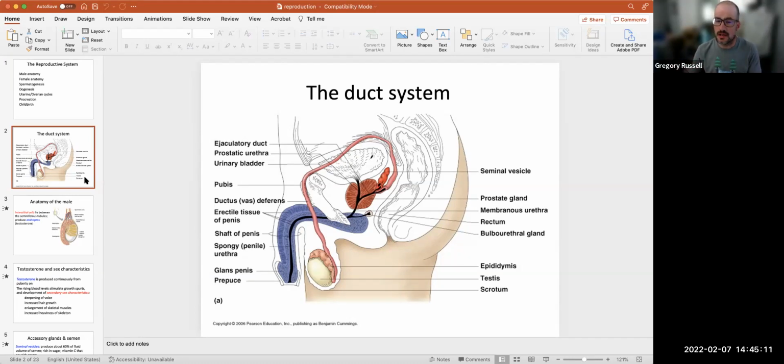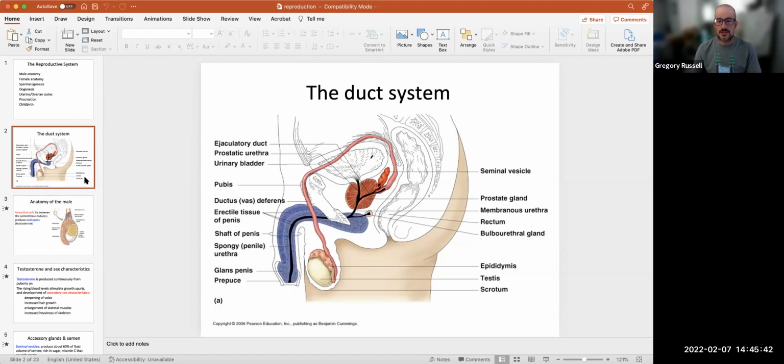Even though there's a little bit of shared embryological origin with some male and female structures, and I'll talk about that in just a couple of moments, these two anatomies are really quite different from each other. So this is the one organ system, unfortunately, where you're really going to be forced to learn two separate anatomies instead of just one, because all of the others are the same in both males and females.